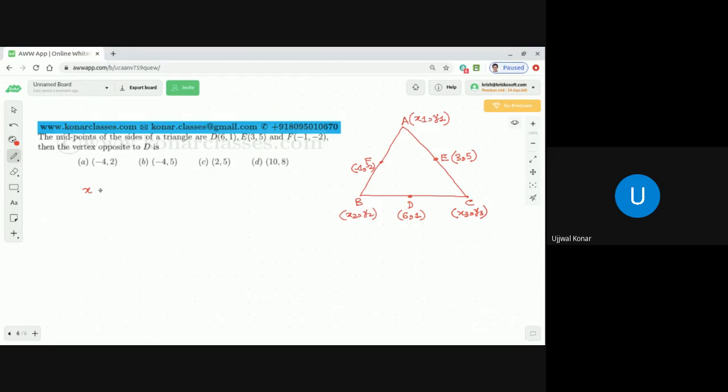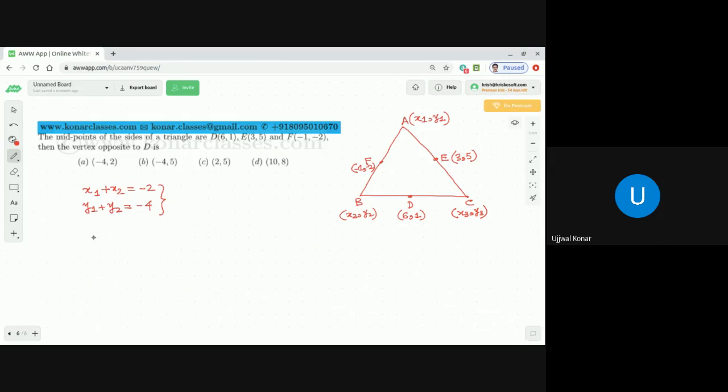Let's start with x1. So what you can write: (x1 plus x2) by 2 is equal to minus 1. That means x1 plus x2 is equal to minus 2, and y1 plus y2 is equal to minus 4. Correct, dear students? This is one set.